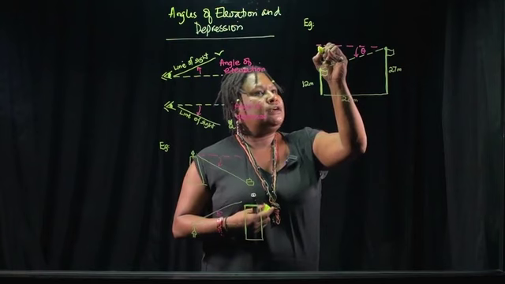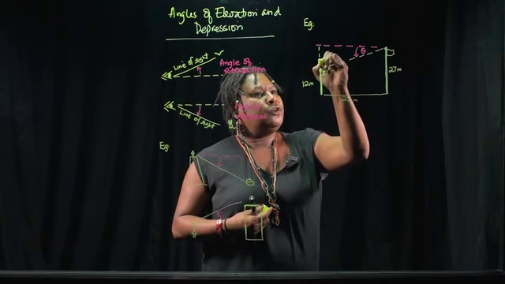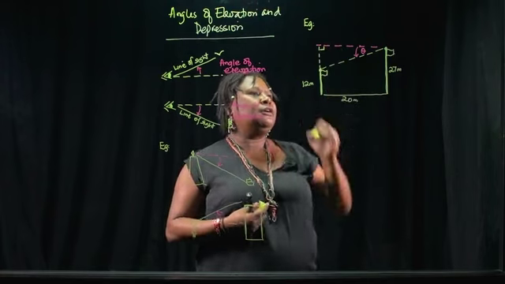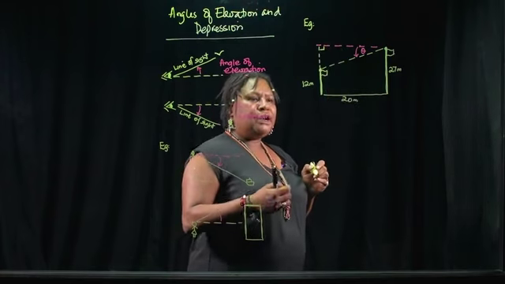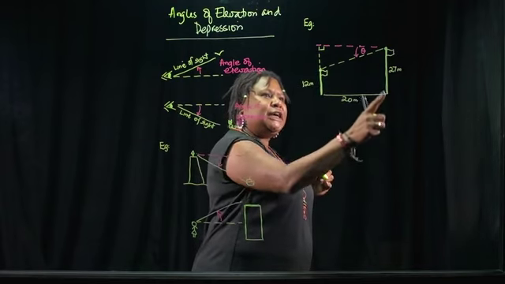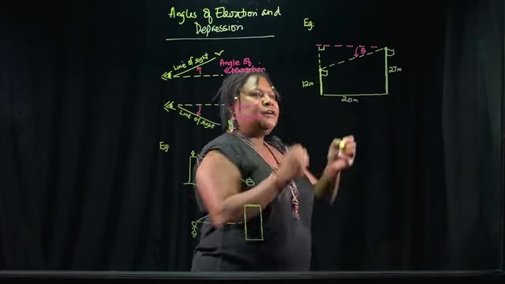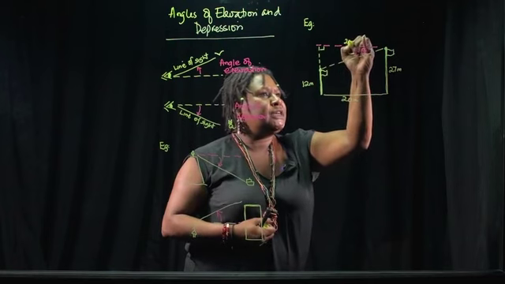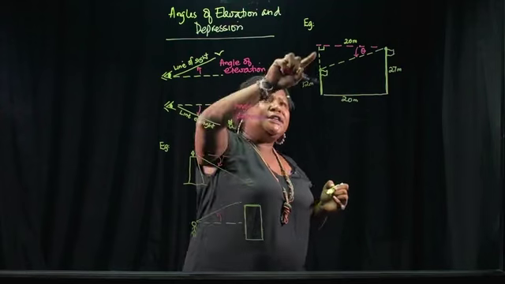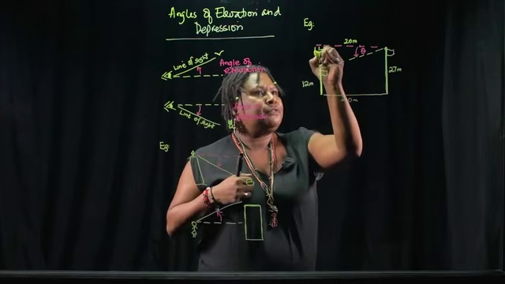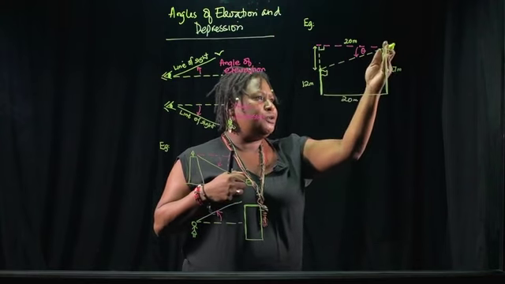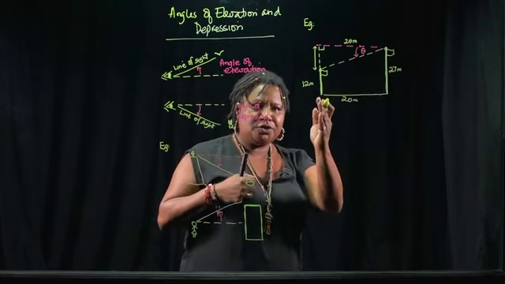Form your triangle. This is the right angle. The distance from here to here is the same up here, so let's put 20 meters up here as well. The distance from here to here can easily be found because we know the measurements of the tall flagpole and the shorter one.